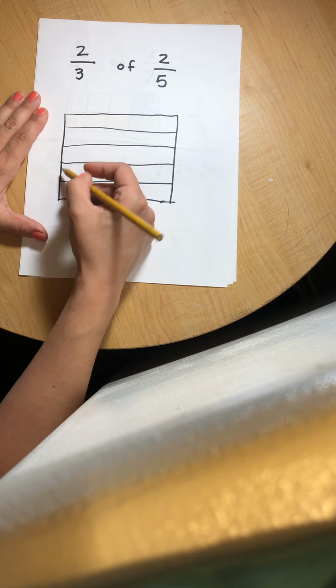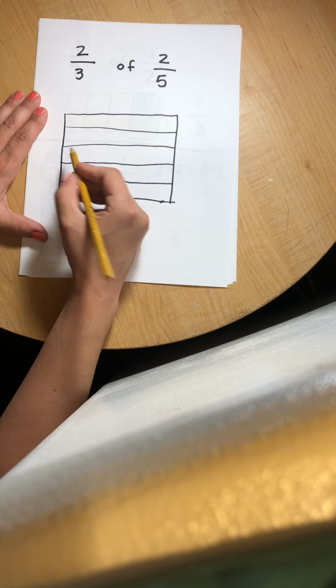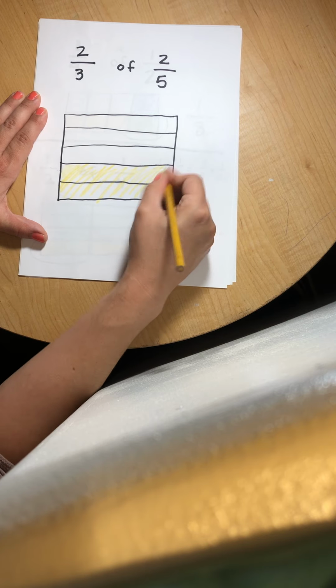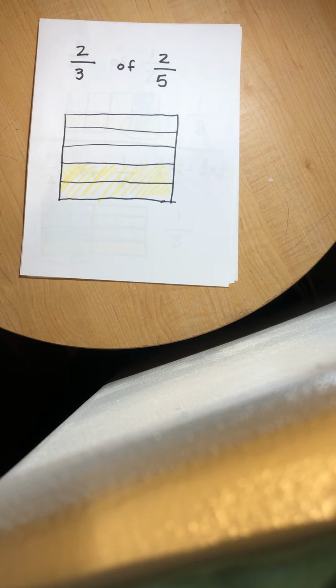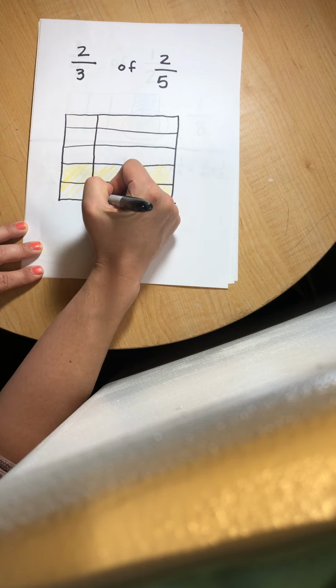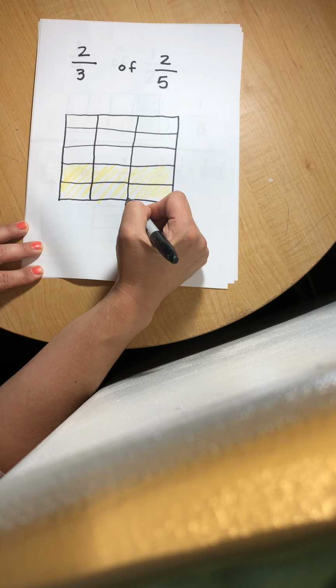That's fifths. Now I'm going to shade 2 of those because we only want 2 fifths. Next, we're going to split it vertically into thirds. And we want to shade 2 of those because it's 2 thirds.